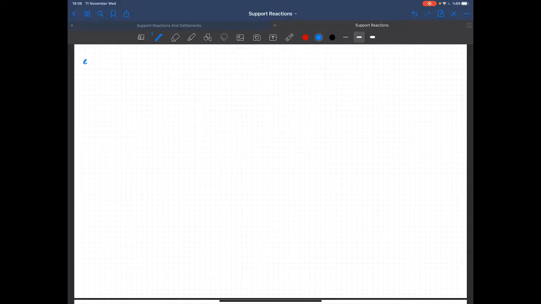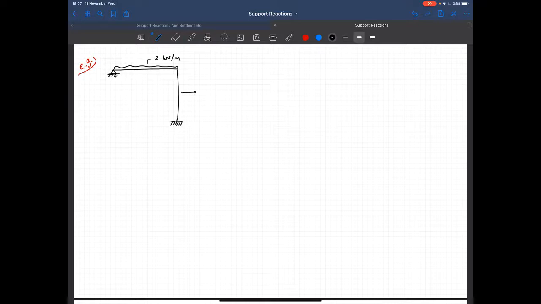Okay, now let's work on the example problem. So I will use the same structure. And I put some loading on it, 2 kilonewton per meter.